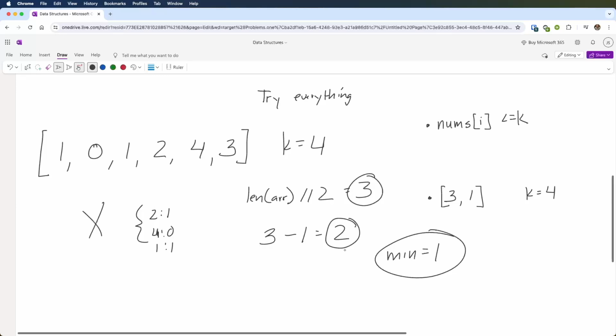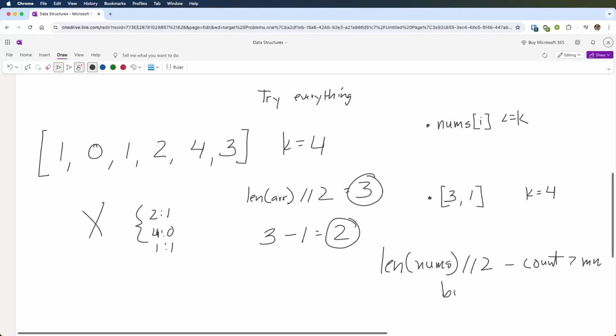So if we ever get to a point where we see the length of nums divided by 2 minus whatever count we're looking at, and count is the number of pairs that have that frequency, if this is ever greater than a min we've already found, we can just break out, right?